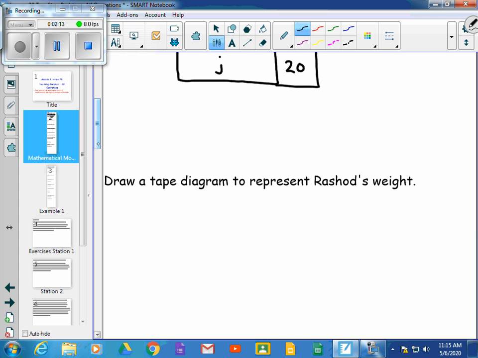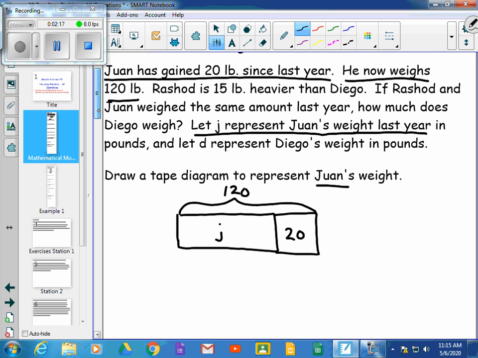It says, draw a tape diagram to represent Rashad's weight. So now let's see what we know about Rashad. If Rashad and Juan weighed the same last year, we're going to focus on Rashad and Juan's amount. It also tells us that Rashad is 15 pounds heavier than Diego.